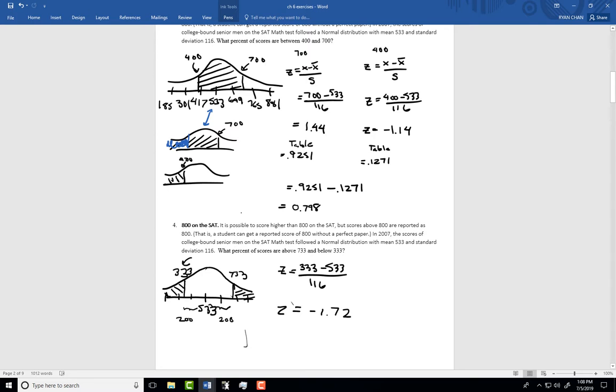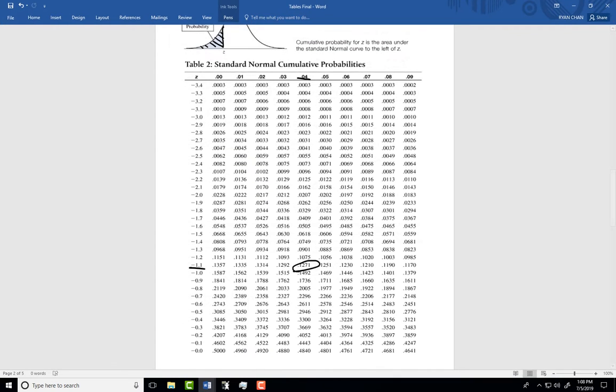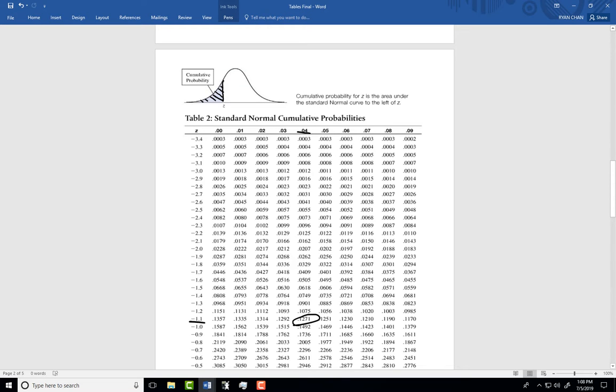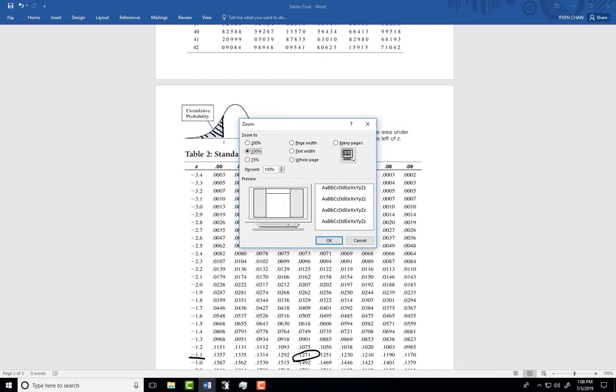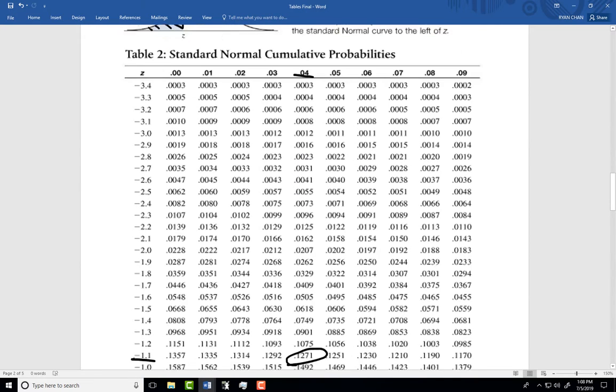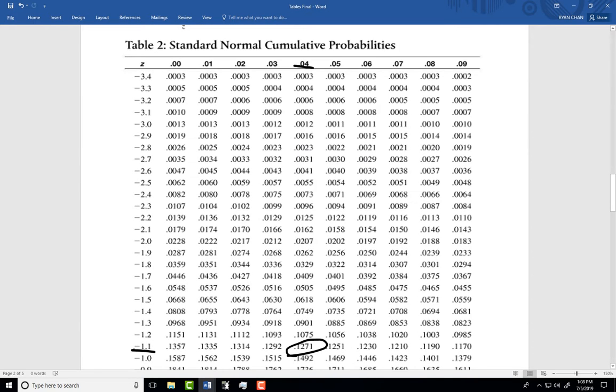So according to my table, I go back up here, negative 1.72 is 0.0427, right? I'm looking at negative 1.7, and in the center, sorry, let me zoom in. Right, it's 0.0427.